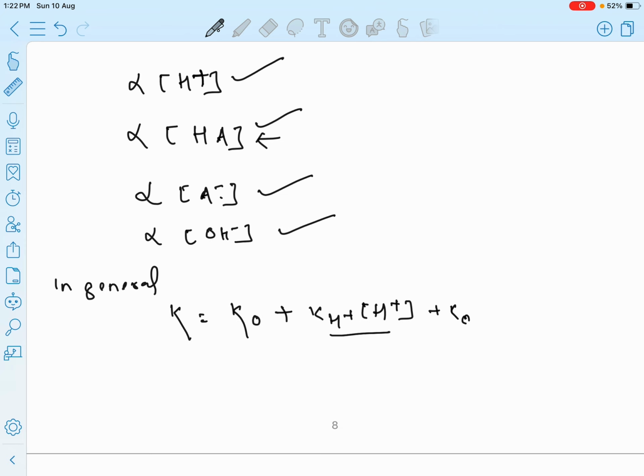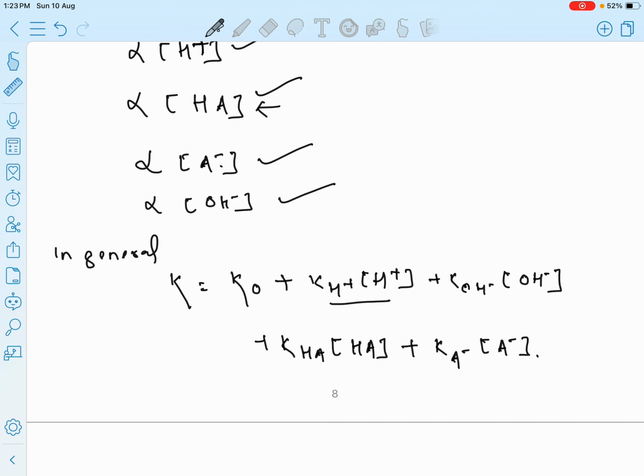The rate can also depend upon the hydroxide ion concentration, upon the conjugate acid (general acid catalysis), and upon the conjugate base, which is the general base catalysis reaction.